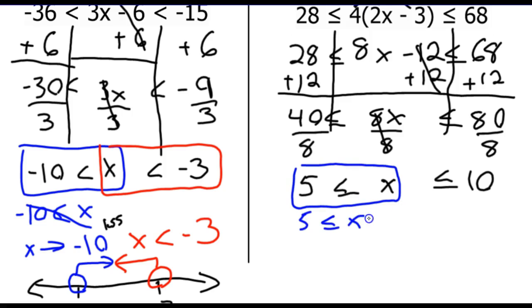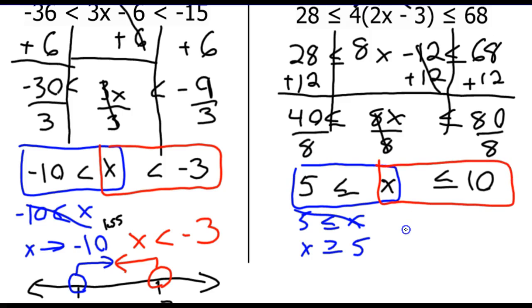We can't have our x on the right side, so we need to flip this. So x is now greater than or equal to 5. And then we have x, which is less than or equal to 10. So we have x is greater than or equal to 5, and x is less than or equal to 10.